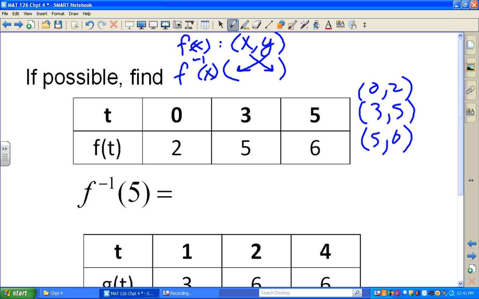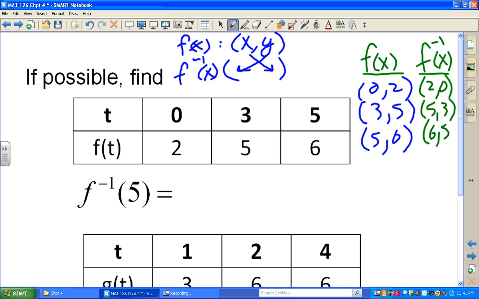No y's are used twice, therefore it's one-to-one. If this is on the function, what points would be on the inverse? 2, 0, 5, 3, and 6, 5. So the question asks, what is the inverse value if x is 5?